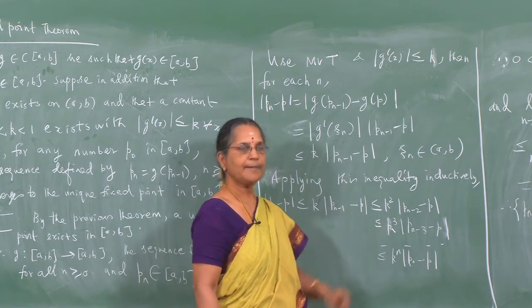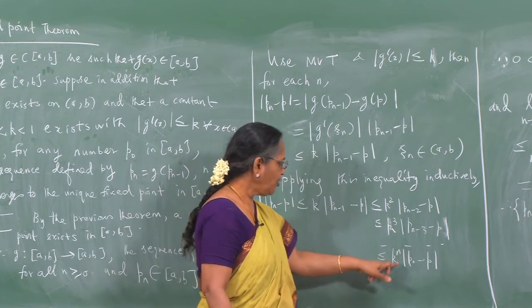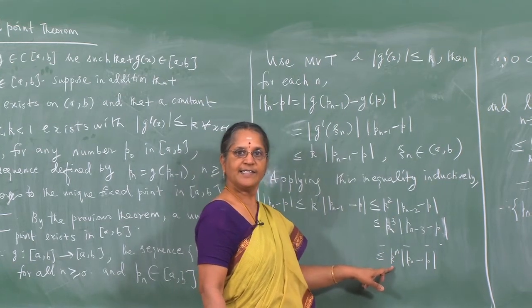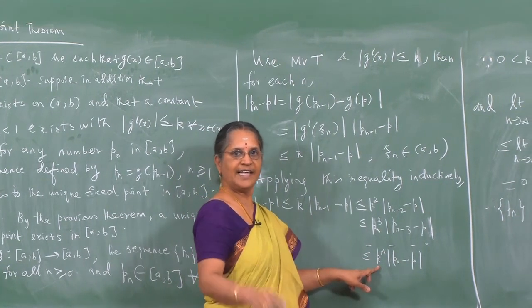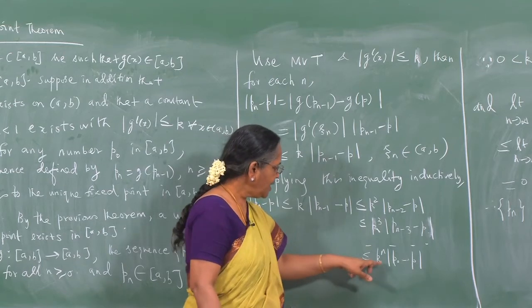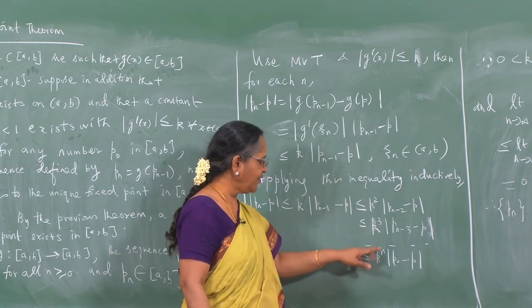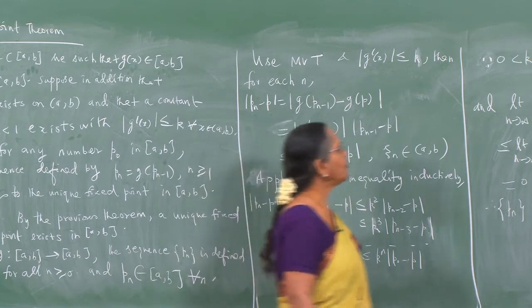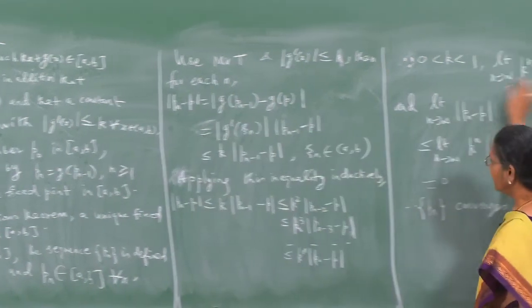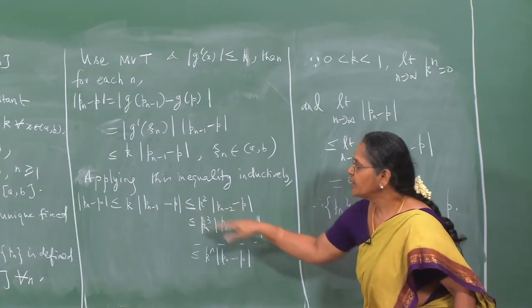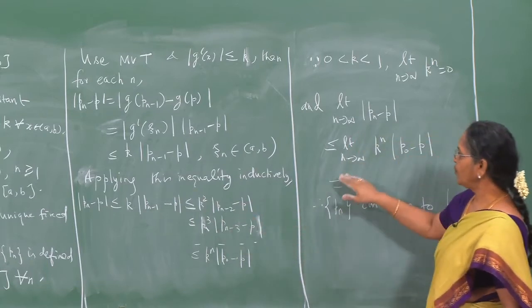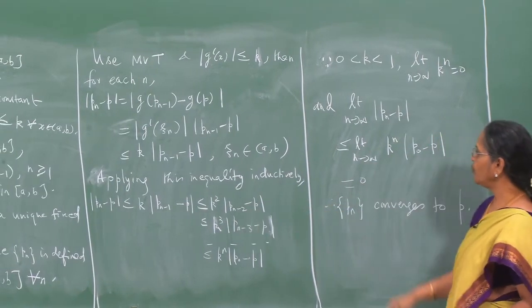But what do we know about k? k is positive and it is strictly less than 1. So, limit as n tending to infinity of k power n will be 0. And so, I take the limit as n tends to infinity on both sides of the result that we have shown.